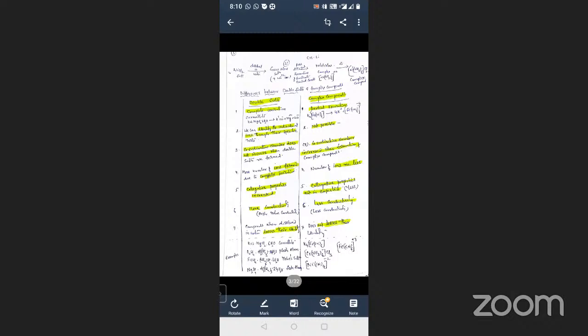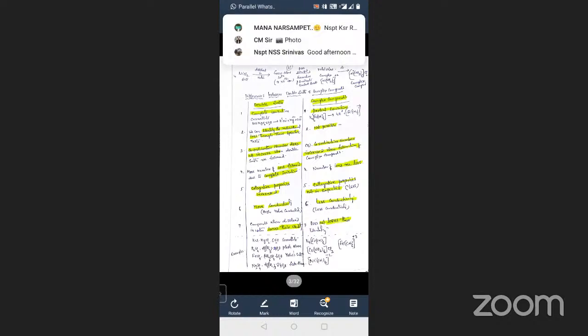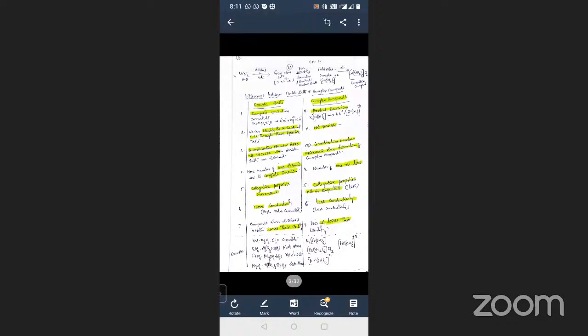Now we will go for the differences between the double salts and the complex compounds. ఇక్కడ చూడండి, డబుల్ సాల్ట్స్ కాంప్లెక్స్ కాంపౌండ్ అబ్జర్వ్ చేసినప్పుడు we have the examples: carnallite, potassium more salt, soda alum. These two are the examples. Number 1, addition compounds, that is the double salts, have 100% ionization.